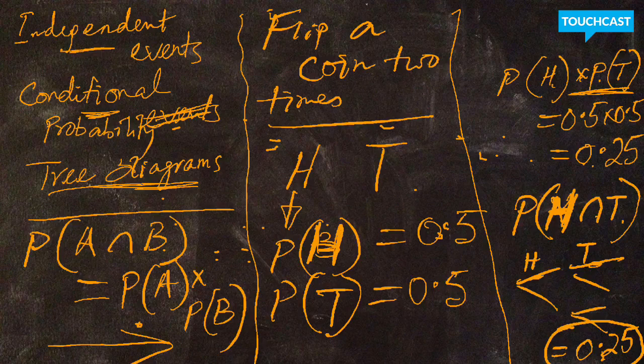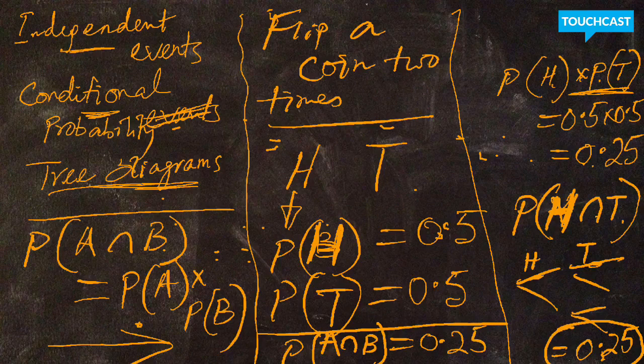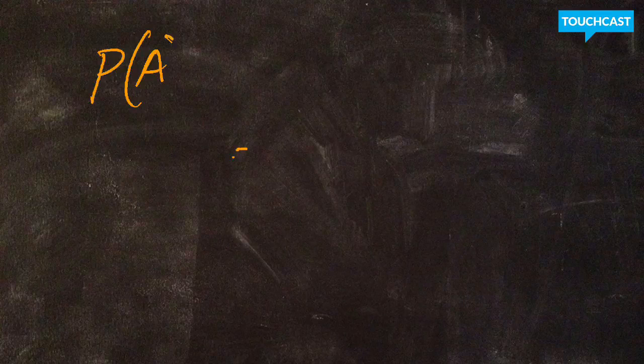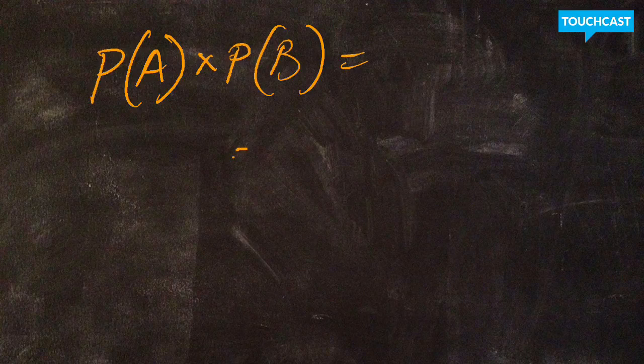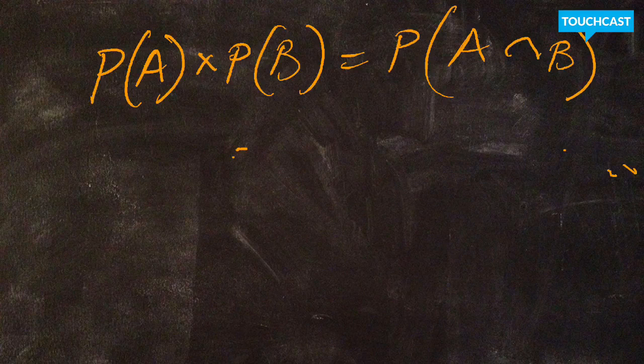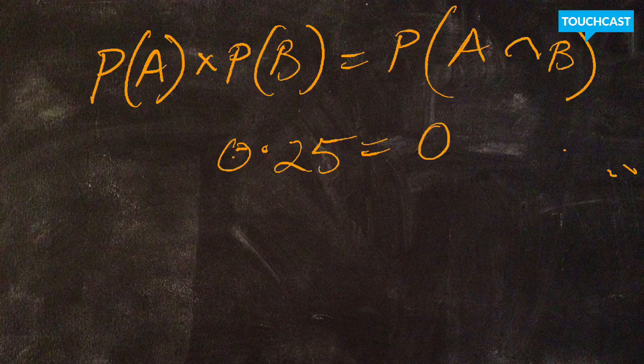And since they are exactly the same value, we are running out of space, so probability of A times probability of B is proved to be equal to probability of A intersection B, which is 0.25 in both the situations.